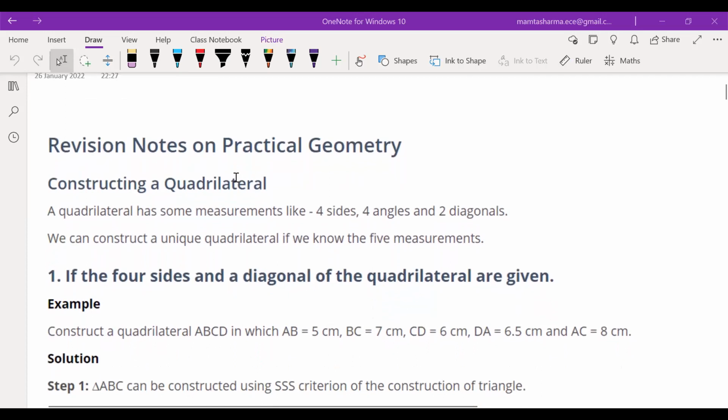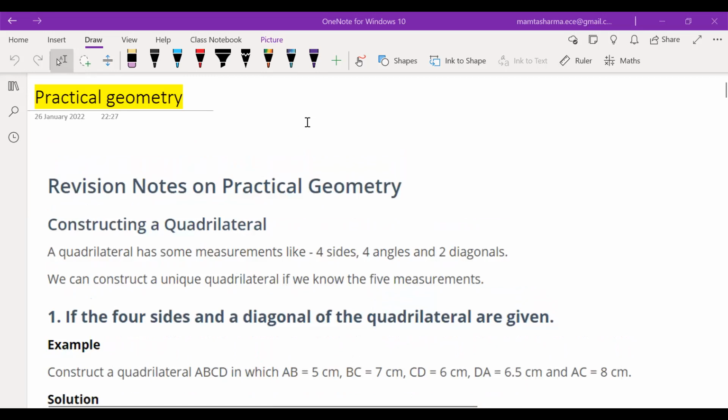Yes, ma'am. Ma'am, I think protractor. Yes, protractor is used for angle measurement. Before starting this chapter, you should have a geometry box with a compass, ruler, and protractor, and a sharp pencil, eraser, and all that.